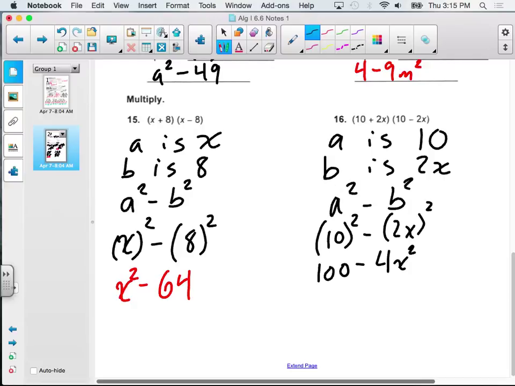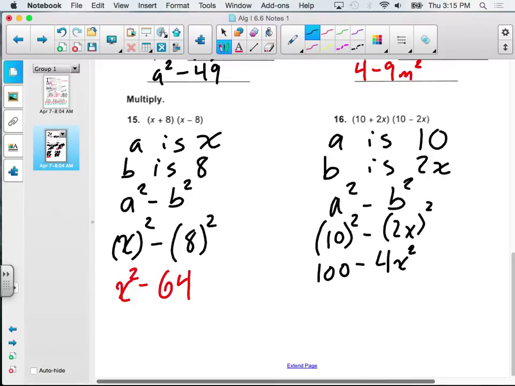So, when we have a binomial times itself, what is our answer going to be? Perfect square trinomial. So if it's a plus b or a minus b, if it's being multiplied by itself, we should always get a trinomial answer, right?